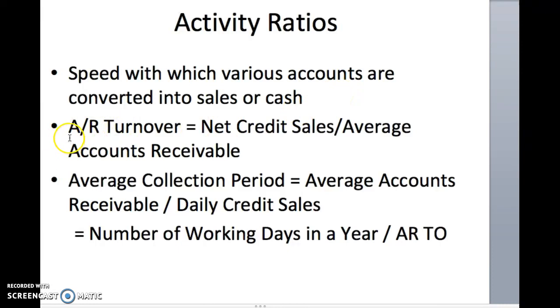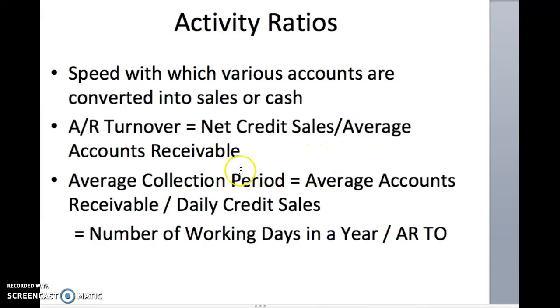First up, we have the accounts receivable turnover, wherein it's computed by dividing the net credit sales by average accounts receivable. Net credit sales means sales on account. So for example, if I'm selling pens and after selling a pen, my customer tells me, I'll pay you next week. Then I would record that as a credit sale.